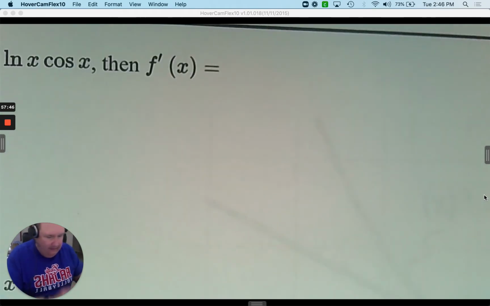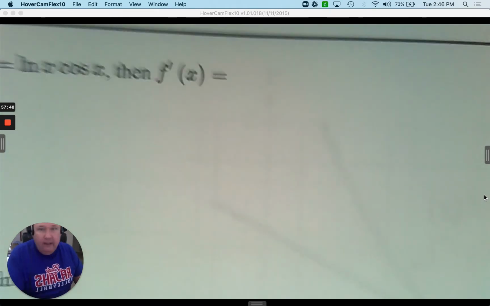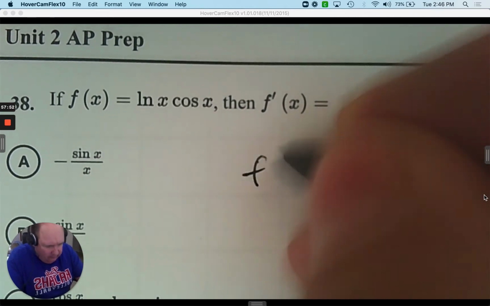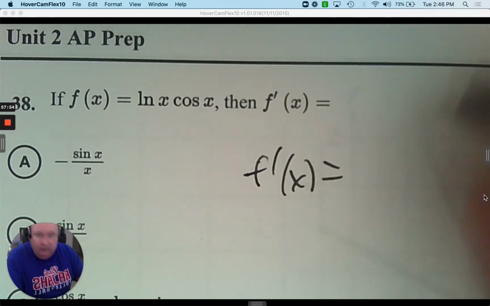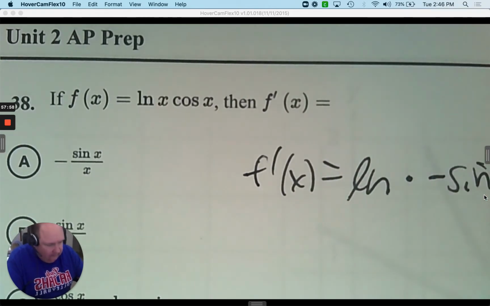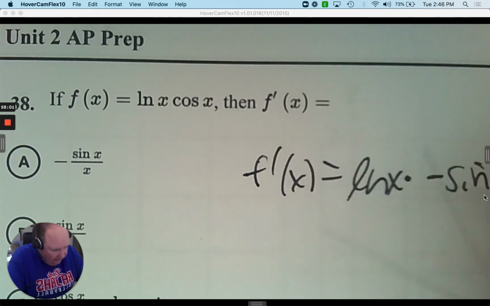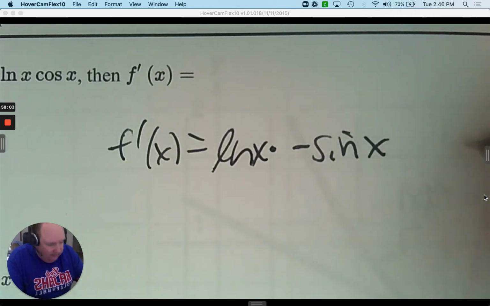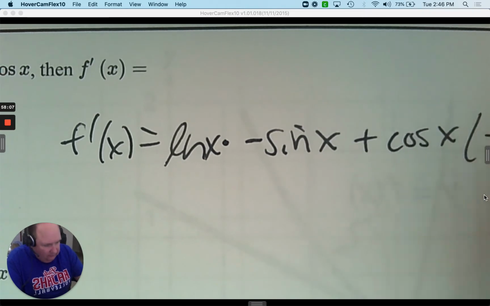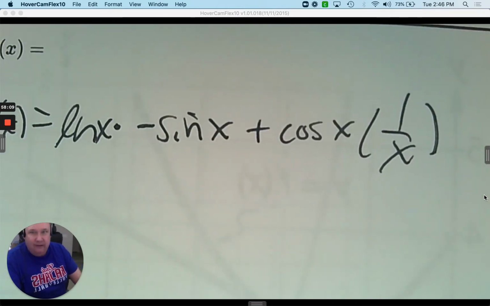Number 38. In number 38, f at x equals ln x times cosine x. What's the derivative? That's the product rule. And the product rule is the first times the derivative of the second. Oops, I should say ln x times negative sine x plus the second times the derivative of the first. The derivative of ln x is 1 over x.